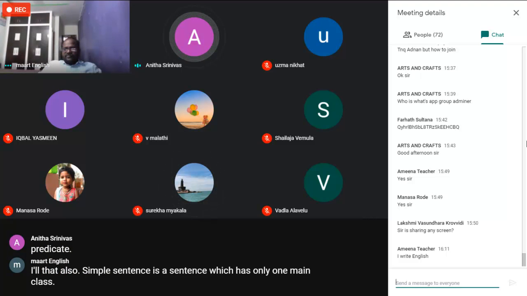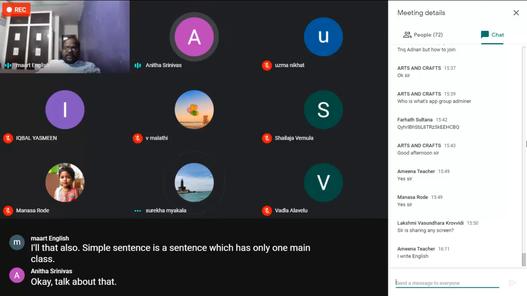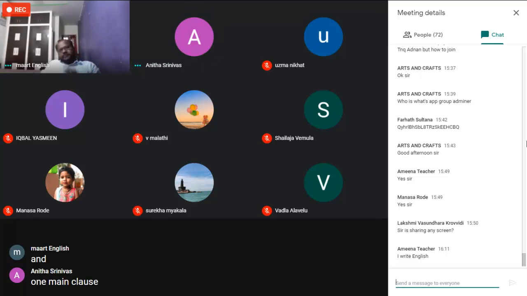Okay, you're talking about that. A complex sentence has one main clause and one dependent clause, a subordinating clause.